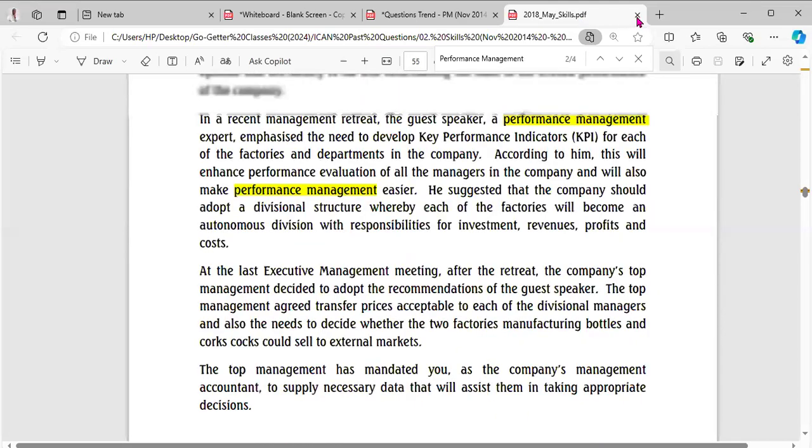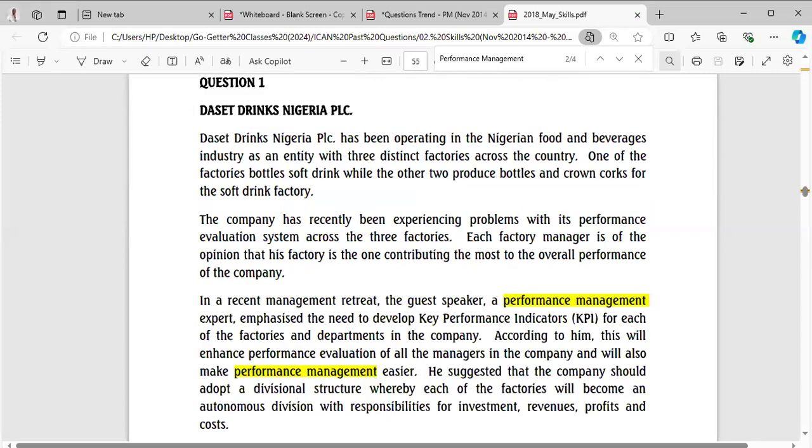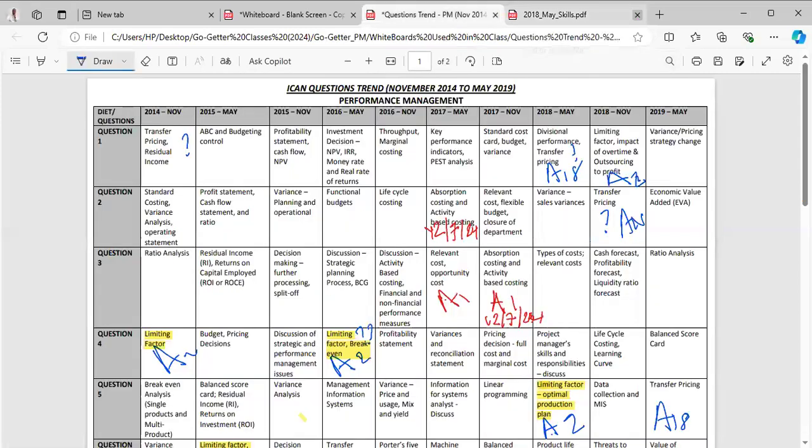So let's look at November 2018, question number 2.